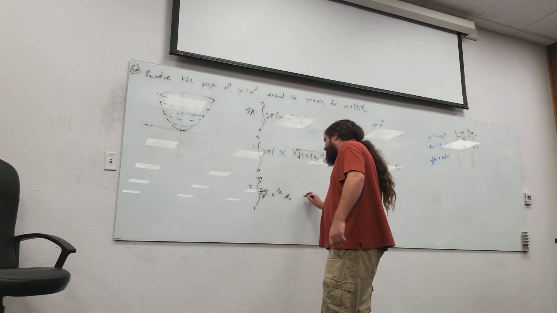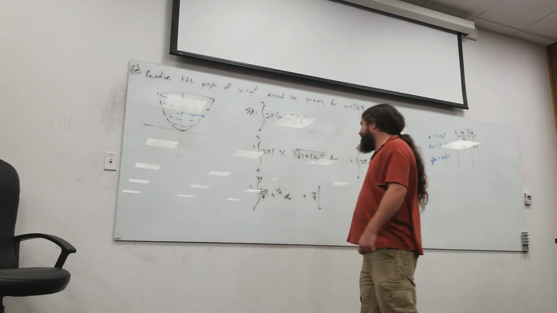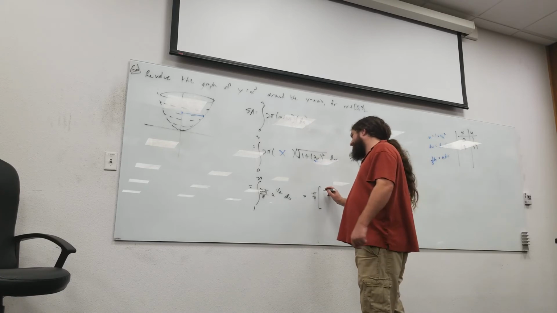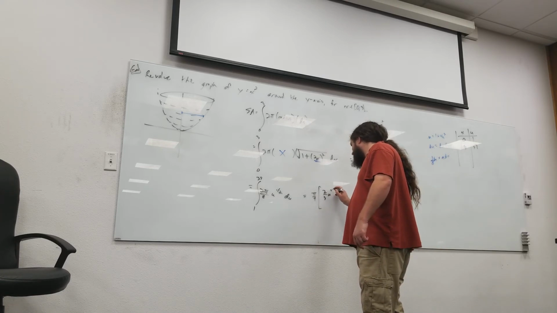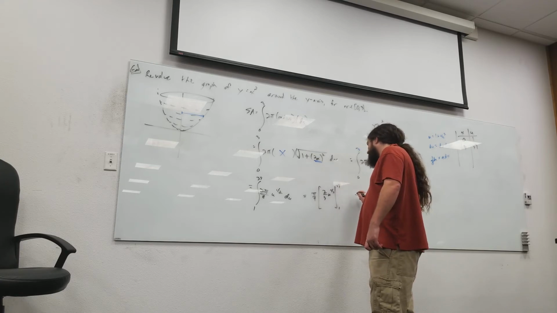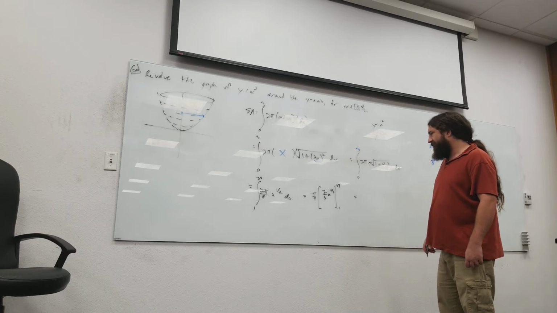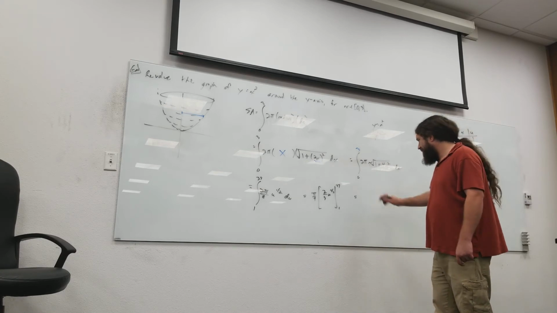So what I've got out front is a pi over 4. Now if I integrate u to the 1/2, that is 2/3 u to the 3/2, evaluated at 1 and 37. Now 2/3 of pi over 4 is pi over 6.